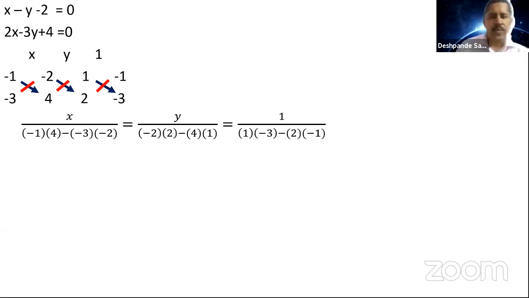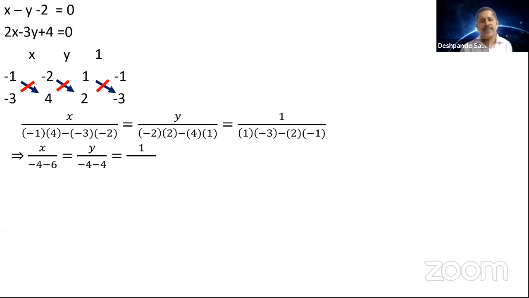Students, you need to be very, very fast in solving this. So what do you observe? It is x divided by minus 4 minus 6, equal to y divided by minus 4, equal to 1 divided by minus 3 plus 2. So minus 4 minus 6 is minus 10, y by minus 4 minus 4 is minus 8, equal to 1 divided by minus 1.